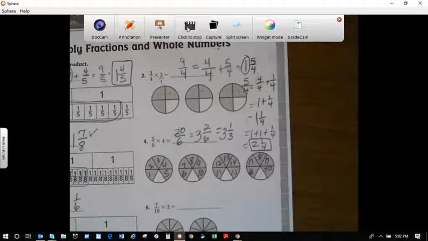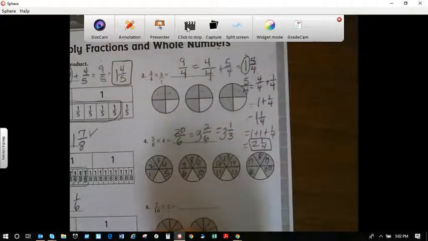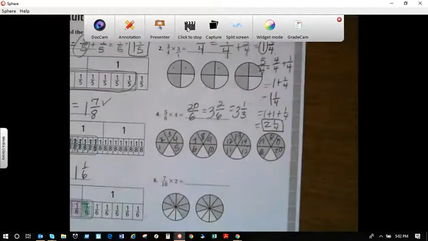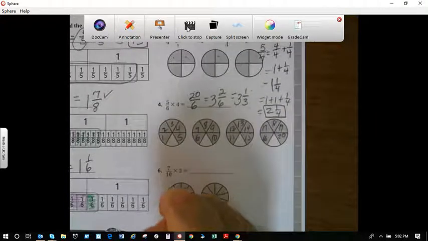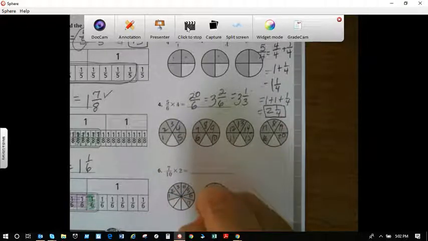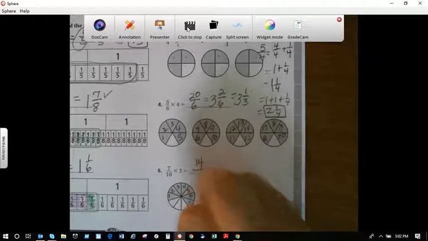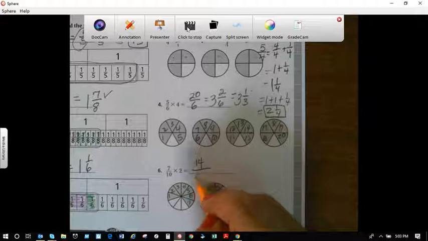Number 6 is 7/10 times 2. And so again, I'm going to go ahead and number so I don't miscount. I won't, but we can always make mistakes, right? So 1, 2, 3, 4, 5, 6, 7, 8, 9, 10, 11, 12, 13, 14. So this would be 14, and this is tenths.